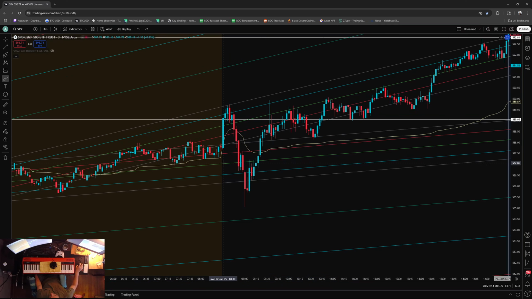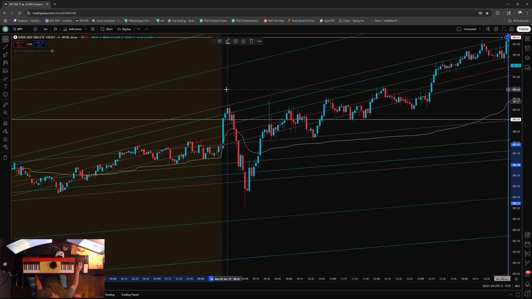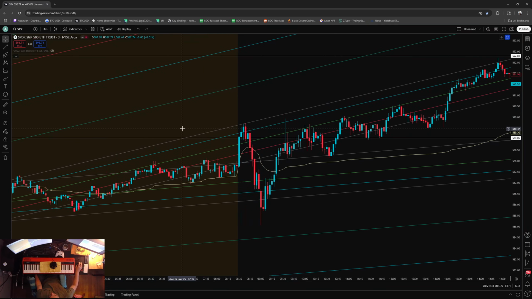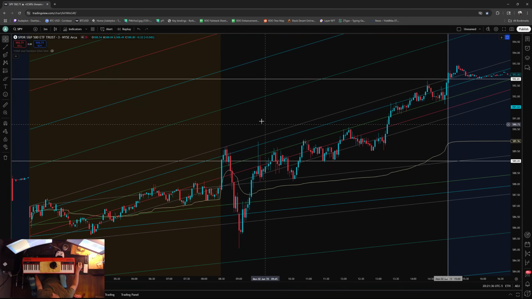Now you can turn on and off a lot of these lines, right? You do not have to have all the lines on the Fibonacci channels, right? Go to settings, and turn them on and off as you see trends, right? So as I see a trend, I'll put on a line instead of taking one off, so I can find these trend zones.